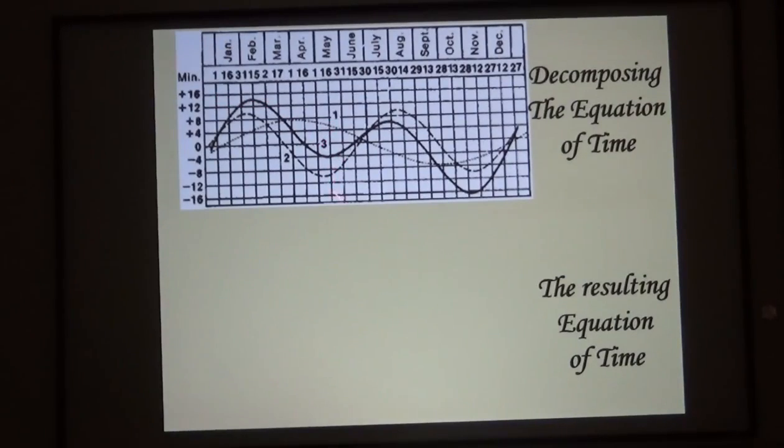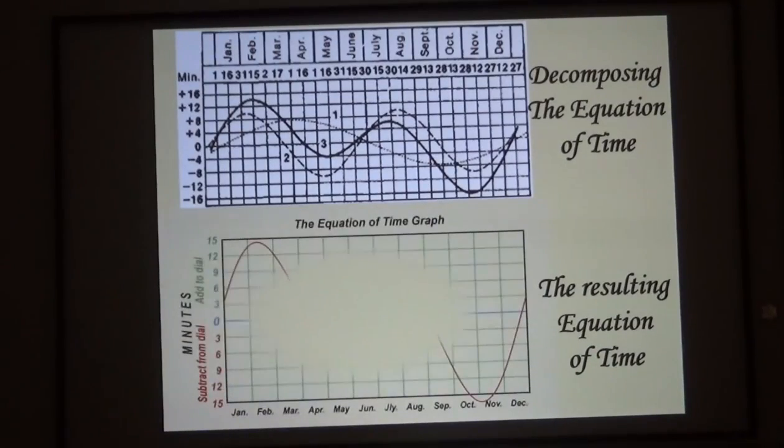But here, they interfere with each other. You've got maximum and minimum up and down, so it's not very much of a minimum here. There, they're all together. And then here, they're sort of interfering as well, so you don't get much of a maximum here. But over this side, you get the dotted line and the dashed line both sort of on the negative, so it amplifies the effect there. So this, I hope, explains what goes into that equation.